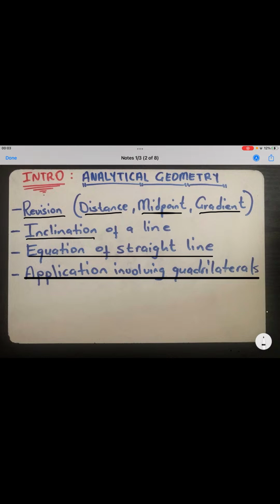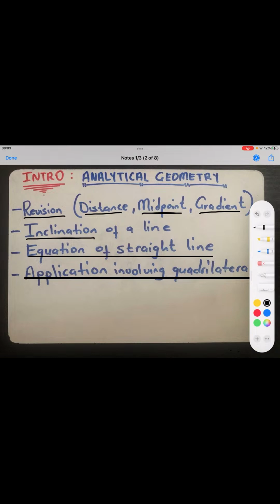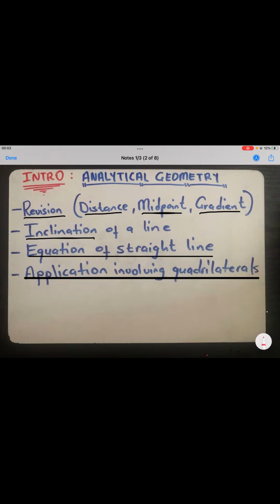So let me do this and then we move on to the next part of our lesson. Maybe let me use a red color there. Very quickly, let's discuss the distance formula. Obviously, we know very well that the examiner says either the length or the distance.